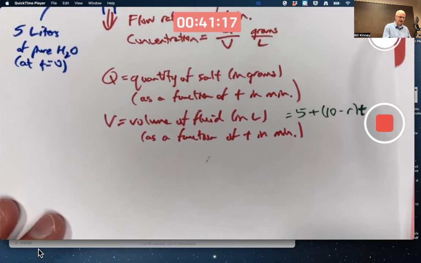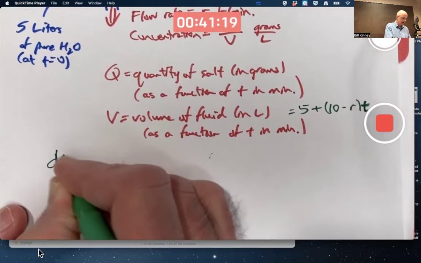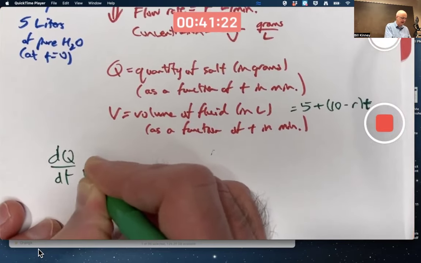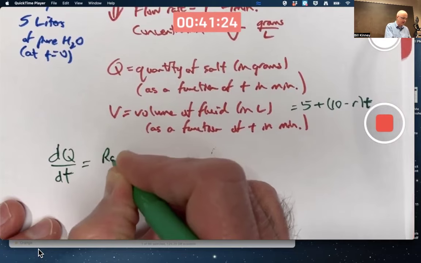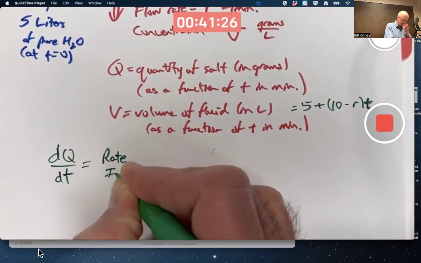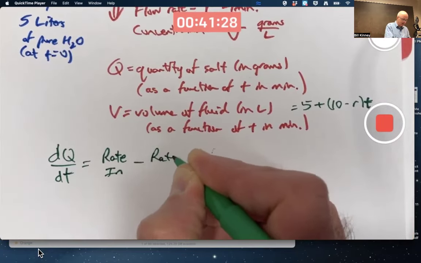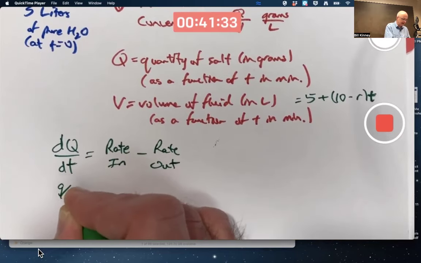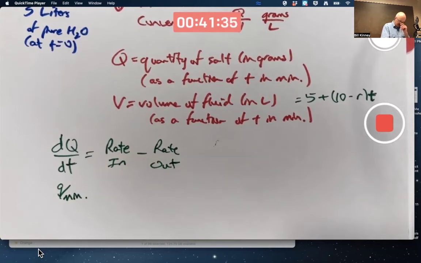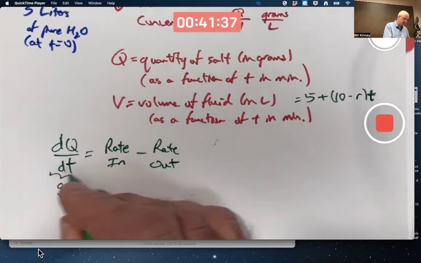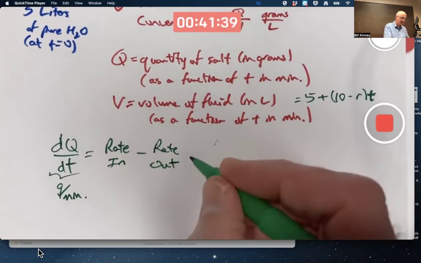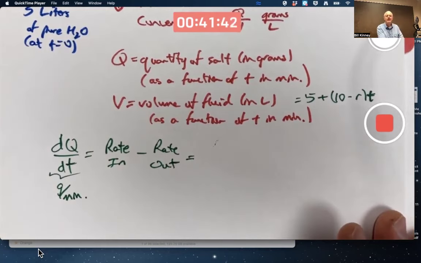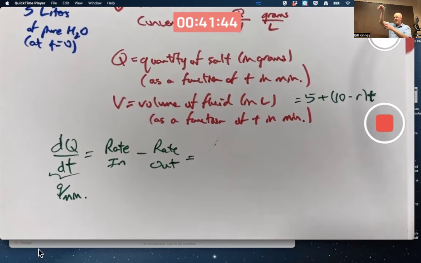So what's the differential equation? It's just like with the money, dQ/dt is rate in minus rate out. But now the units are grams per minute for everything. The derivative is in grams per minute. The rate in and rate out must be in grams per minute as well. Rate in is coming from turning the faucet on. Salt water flowing in.